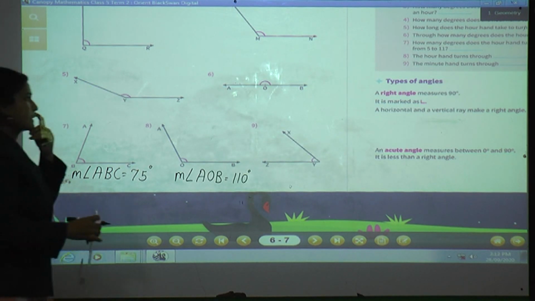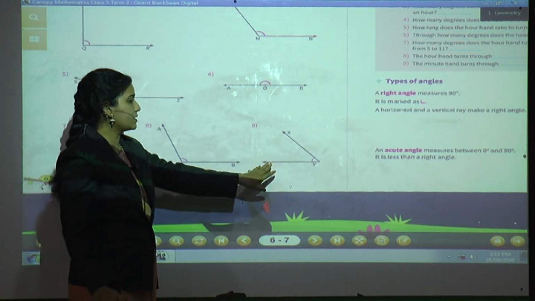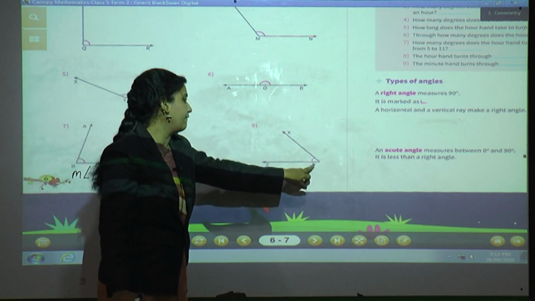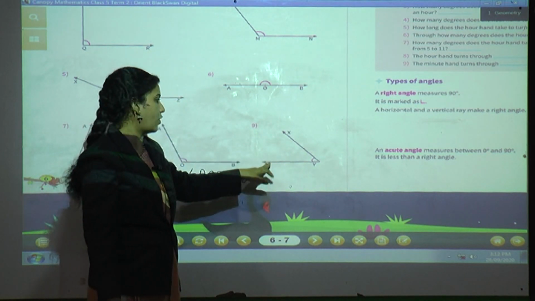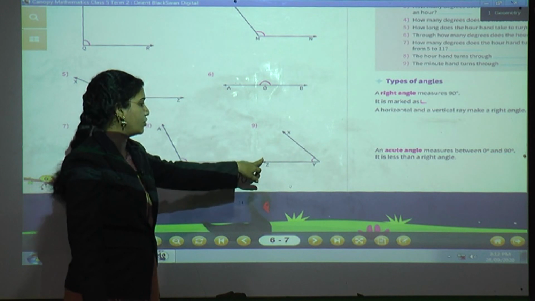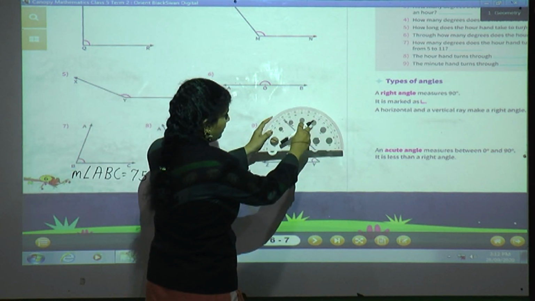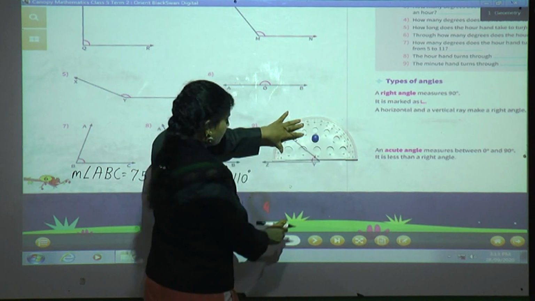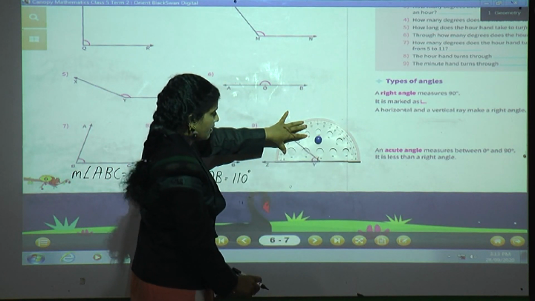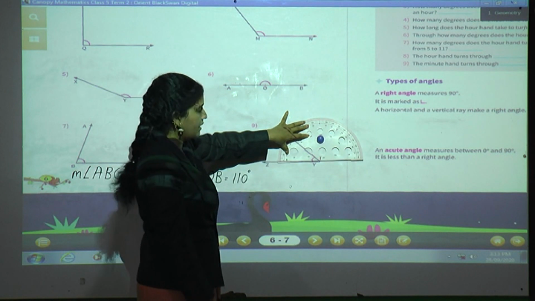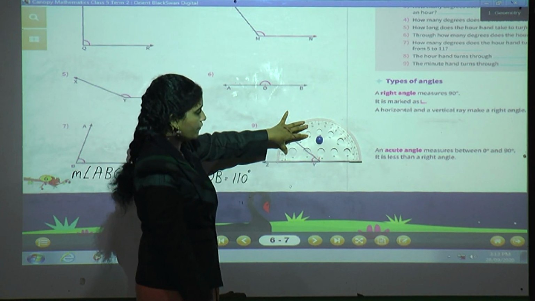Now the last angle, XYZ. Here students, ray YZ is on the left side, so this arrow is on the left side. Take your protractor and keep it on ray YZ. Here is the vertex Y. The center should be on the vertex.